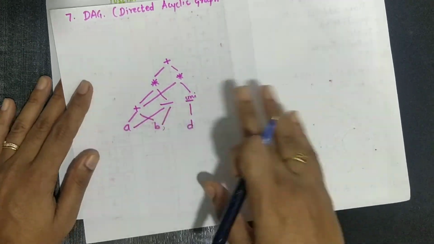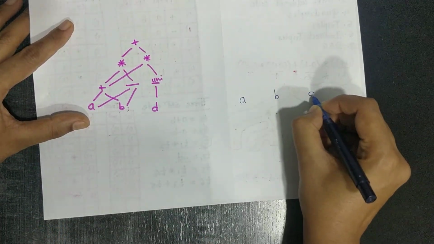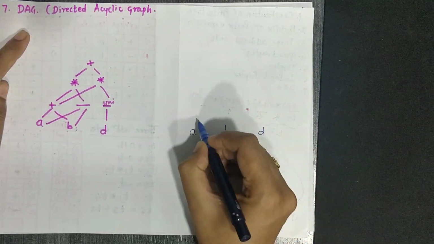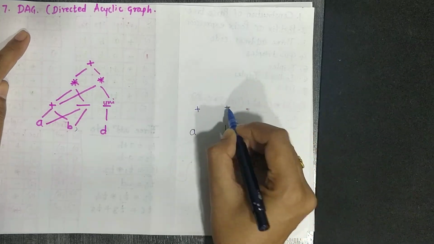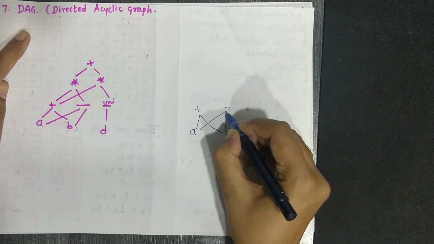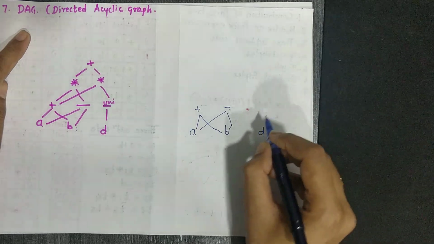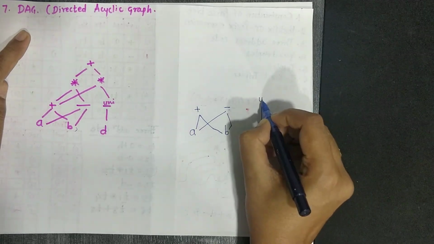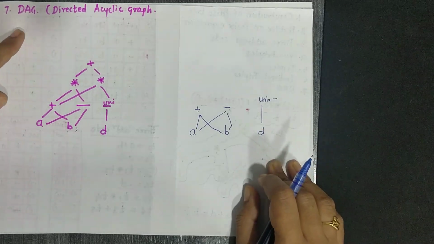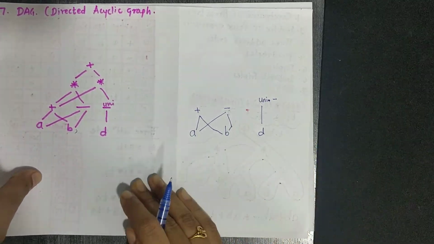I can solve it here with A, B and D. These are the 3 operands available with us. So what operations do we have to perform on A and B? That is A plus B and A minus B. These are the operations, and D is nothing but the unary minus operation. Afterwards, what is our expression?